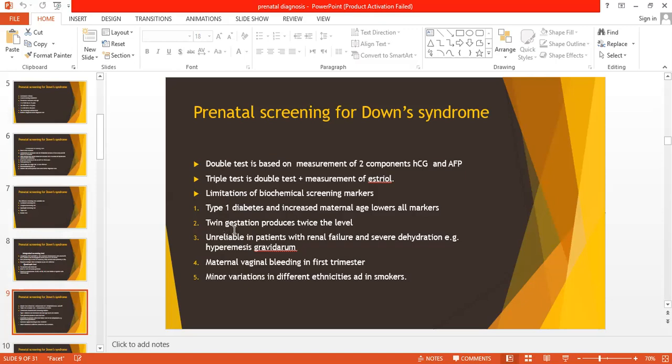Another important thing is that if the pregnancy is of a higher order multiple, like if there is a triplet pregnancy or a quadruple pregnancy, then these screening tests are not applicable. Then you only go for the measurement of nuchal translucency, and you combine it with the maternal age, and then you calculate the risk of Down syndrome.